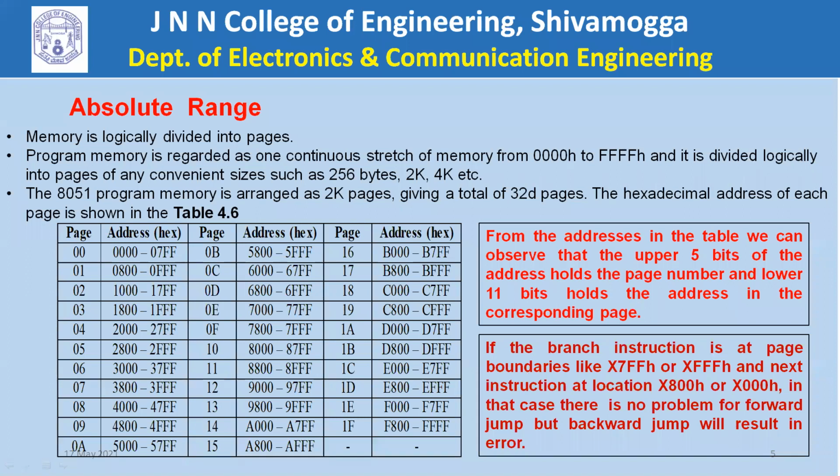That is what the problem is. Anyway, that is not a big issue. You need not bother about that. You understand what an absolute range is. Absolute range is addressing a program memory of 64K size, where the program memory is divided into pages. If you understand that concept, it is sufficient.